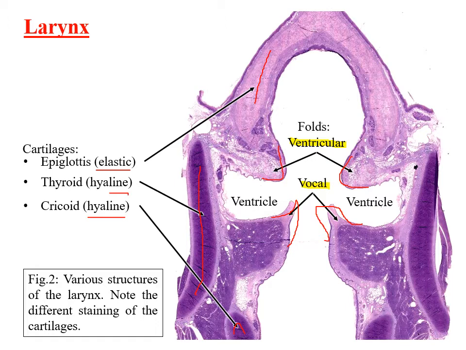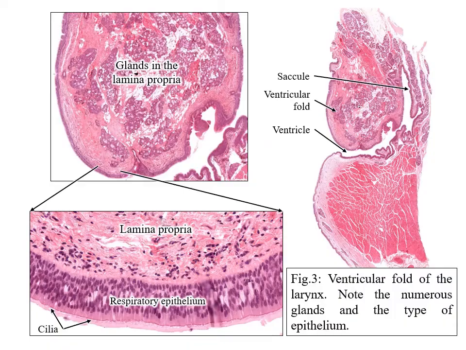The space between these two folds is called the ventricle. Start with the ventricular fold. The ventricular fold, this fold here, is again separated from the vocal fold by the ventricle.